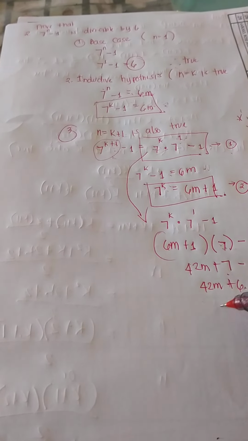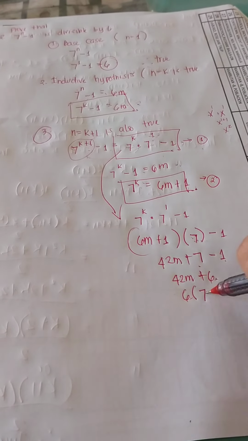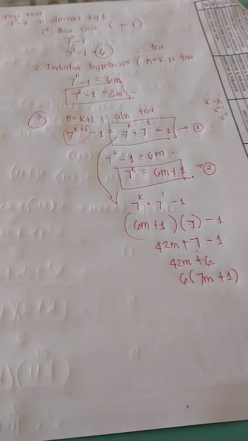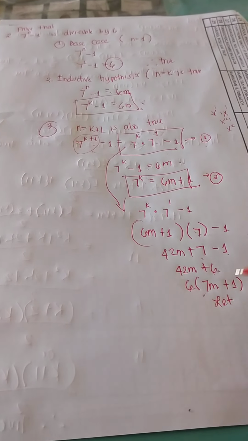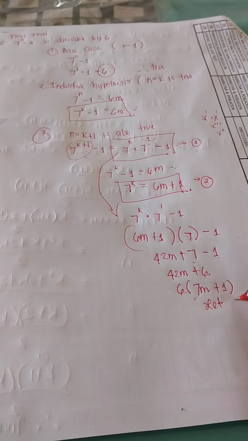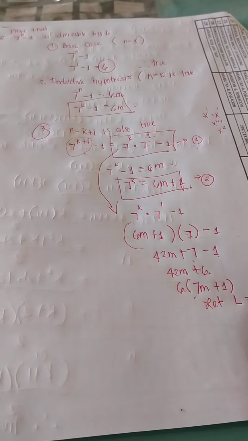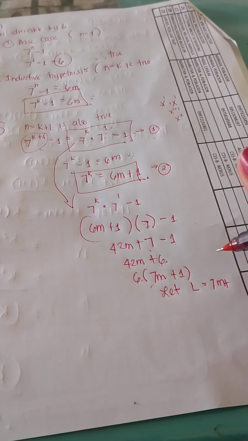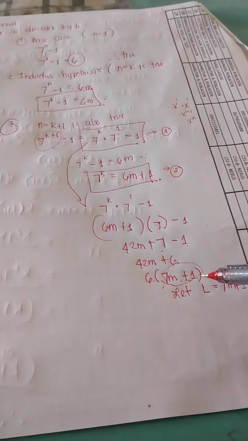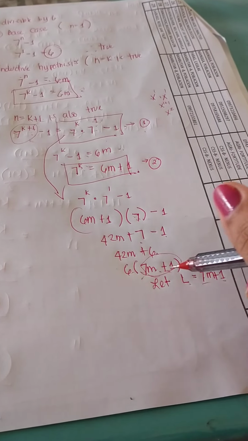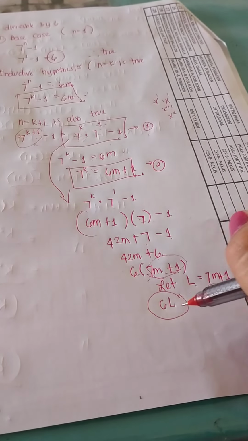If we factor, the common factor is 6, then 7m plus 1. Then we let any variable, let l equal 7m plus 1. So l is equivalent to 7m plus 1. So that means 6l. So the resulting statement is 6l.